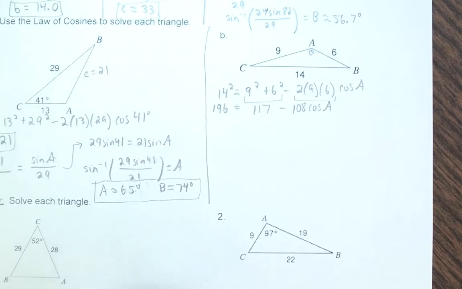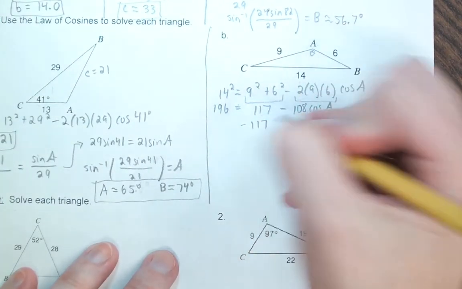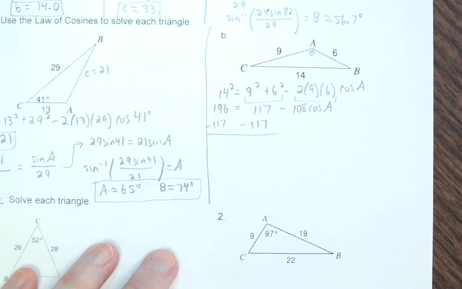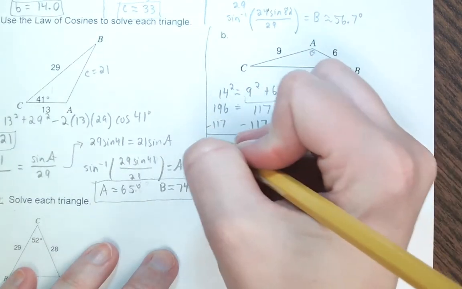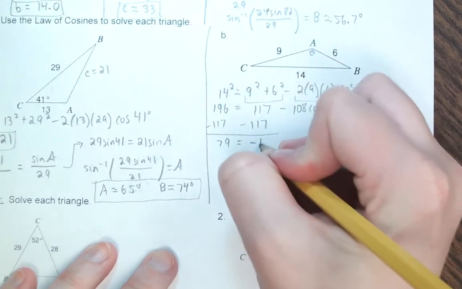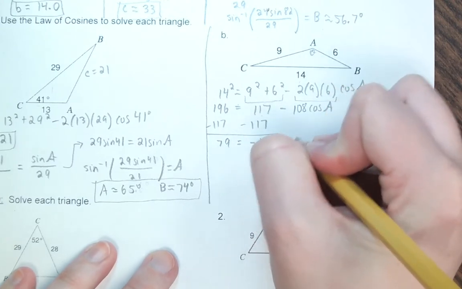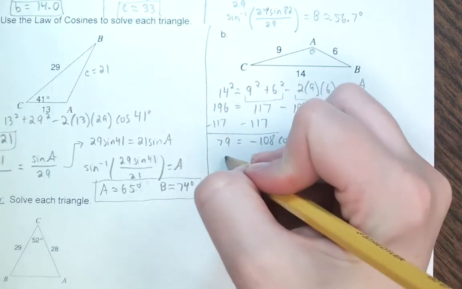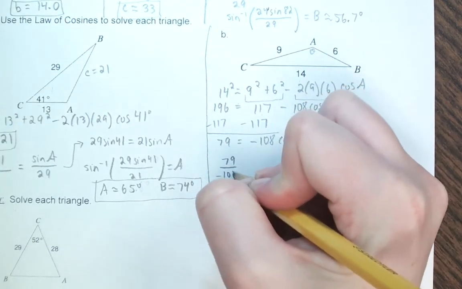Okay, now I'm going to subtract 117 from both sides. That gives me negative 79 here. Okay, so now the next step is we're going to divide both sides by negative 108.